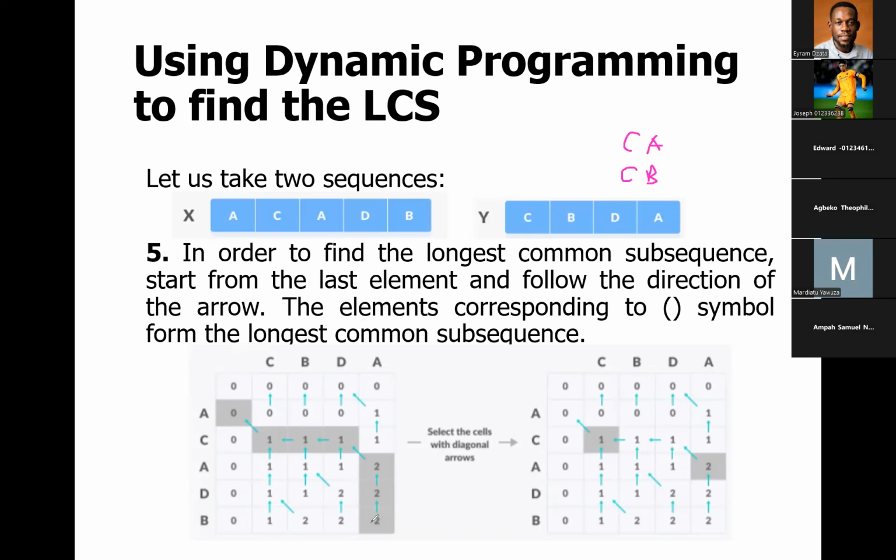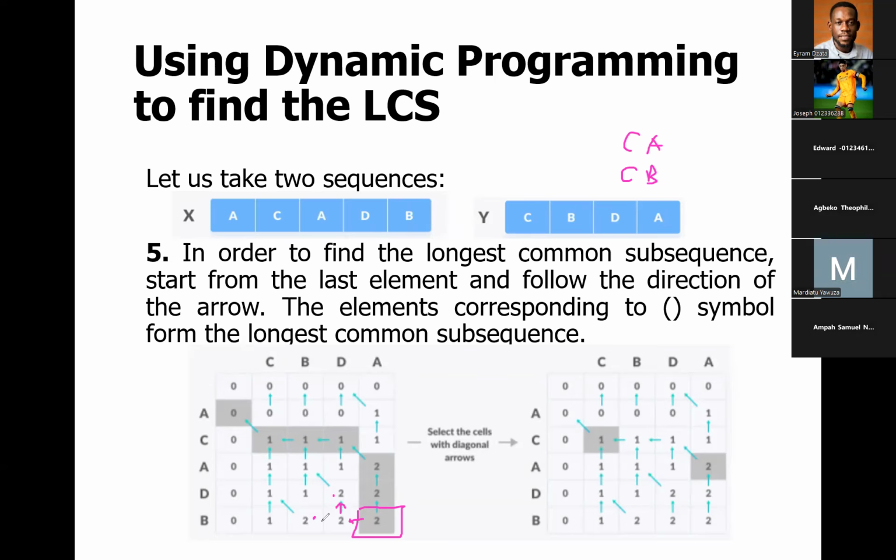So if someone is going to get a CD, that means when the person is coming from the last cell, instead of choosing an arrow going up, the person decides to choose these two rather as the maximum. Then if it takes these two, D and B are not the same. So it's looking at this two and then this two, but decides that he'll go for the top one. Can you see that?